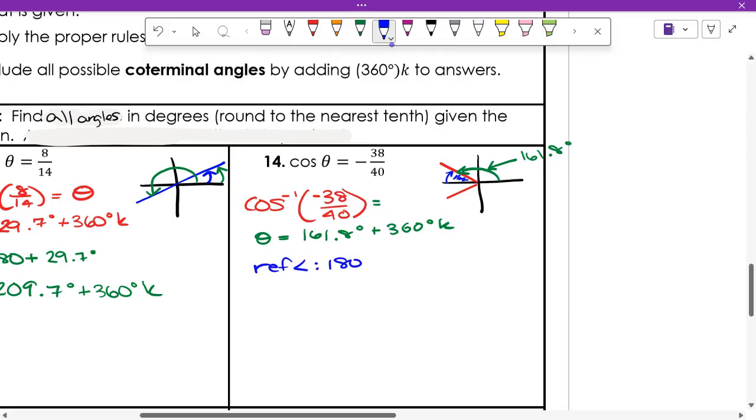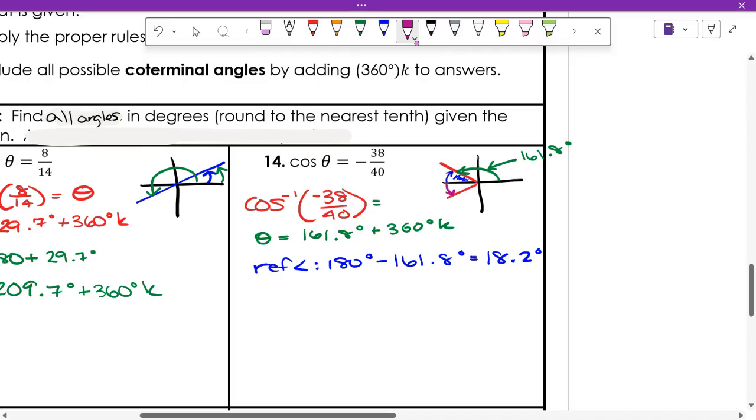That's going to be 180 degrees minus 161.8 degrees. And when I do that, that gets me 18.2 degrees. So that's what my reference angle is. That's that little angle measure above the x-axis to the terminal side. It also is this little angle measure below the x-axis to the terminal side. The reference angle is the distance from the x-axis to the terminal side of my angle.